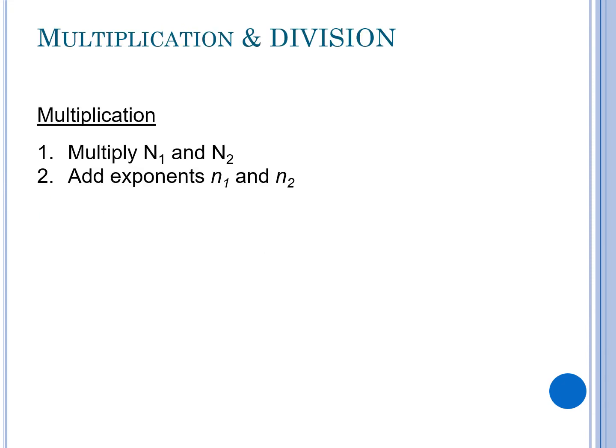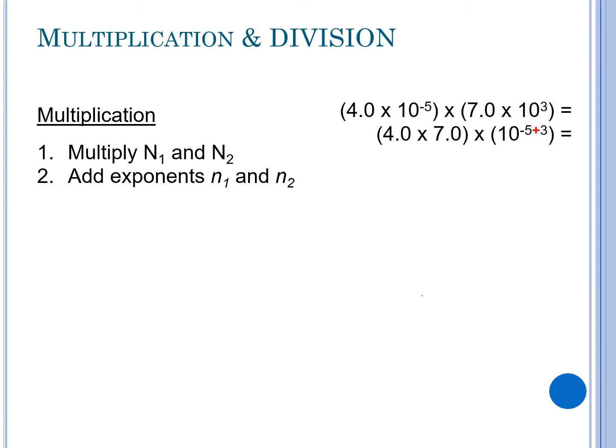Now multiplication and division. For multiplication, first split them: 4.0 times 7.0, then handle the exponents. For multiplication of exponents, it means adding: minus 5 plus minus 3 gives the exponent.